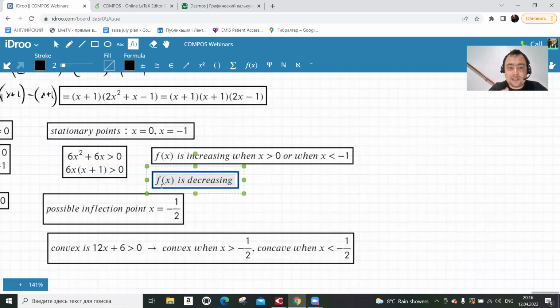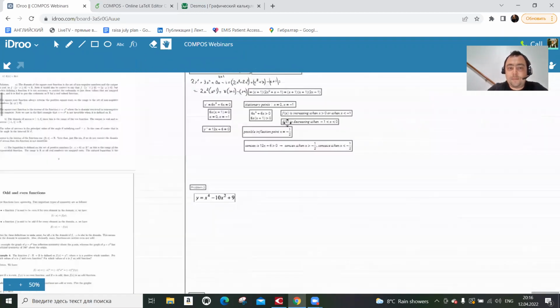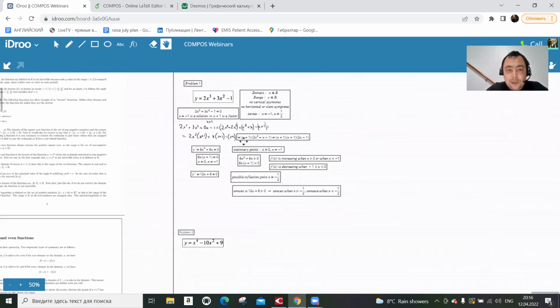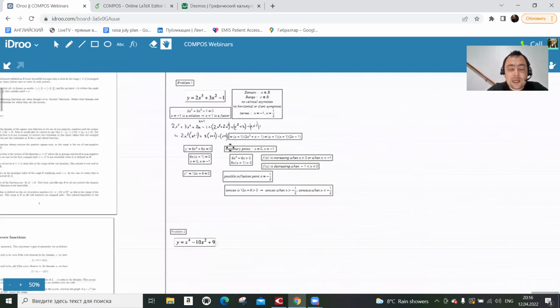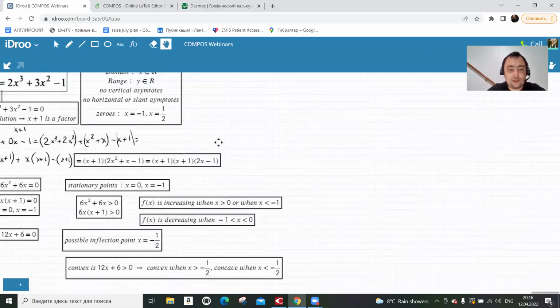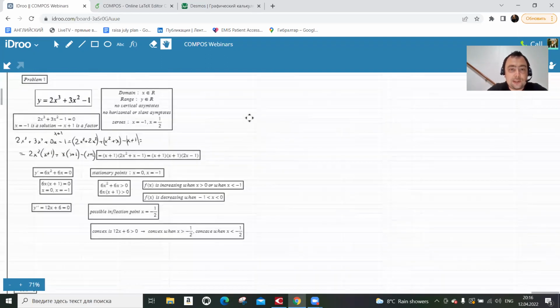Please do ask me if there's anything you don't understand. Okay, right. Of course, you can do this function in a much easier way, but I'm showing you the principle. I'm showing you the way you approach any function, not just the simple ones.